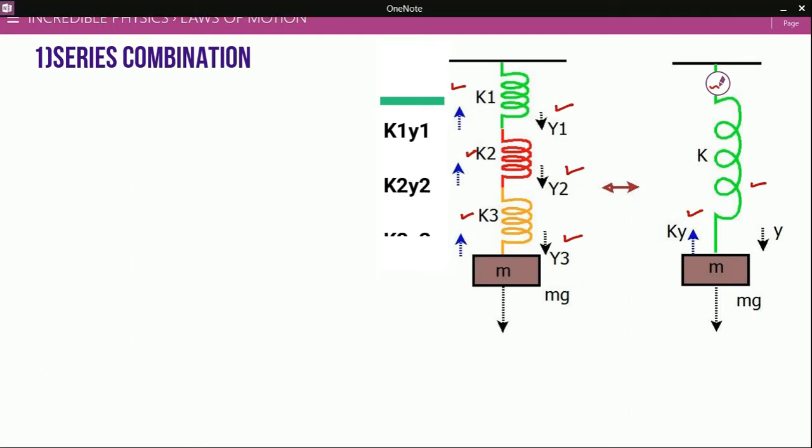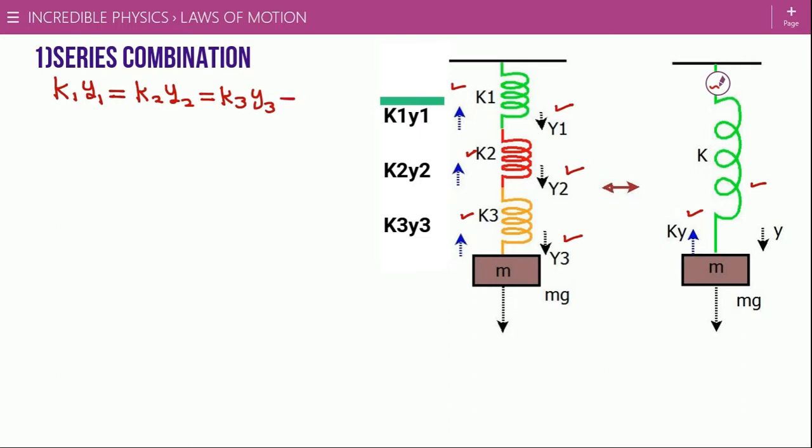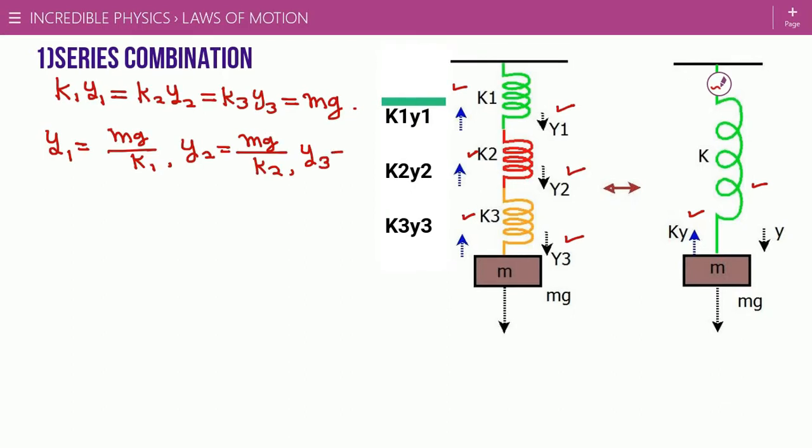Because all these springs are light, they experience the same force, or we can say that K1y1 equals K2y2 equals K3y3, and this equals mg, where we can find the values of y1, y2, y3. y1 equals mg over K1, y2 equals mg over K2, and y3 equals mg over K3.